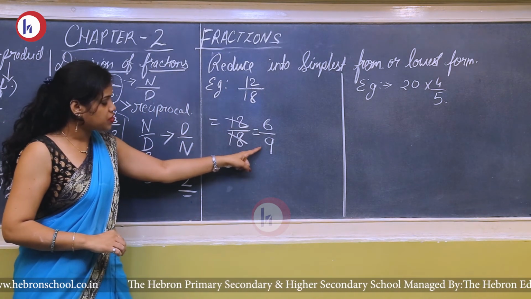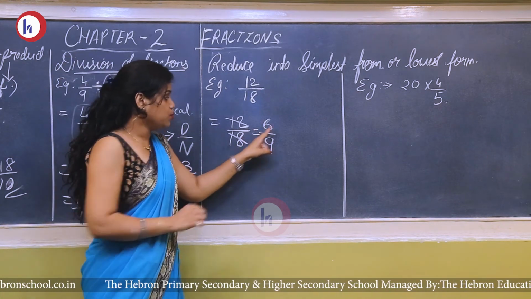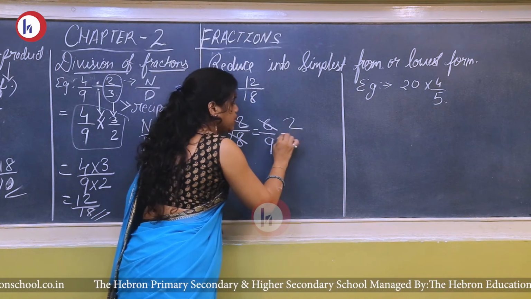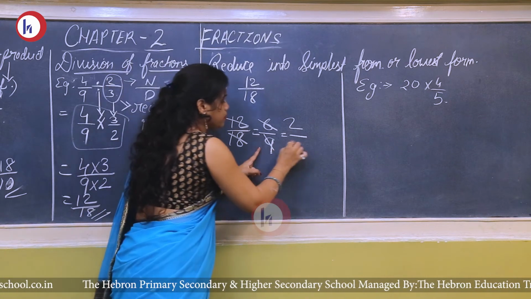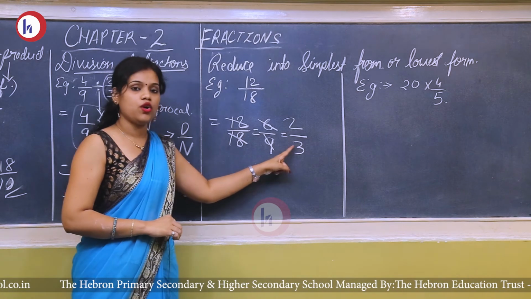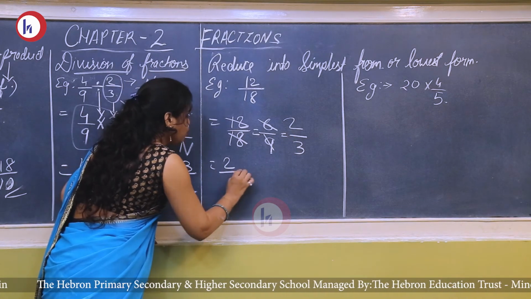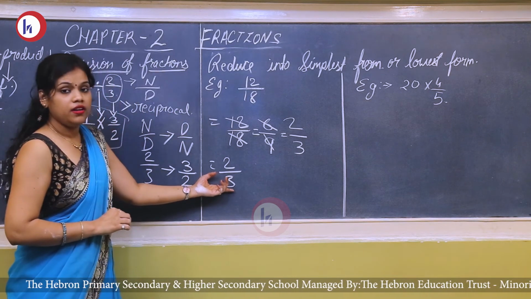Now can this fraction be divided again by a common number? Yes. 3 2s are 6 and 3 3s are 9. Now can 3 and 2 be divided by any common number? No, only 1. That means this is the lowest form because it can't be divided any further.